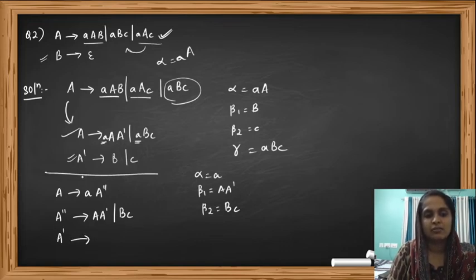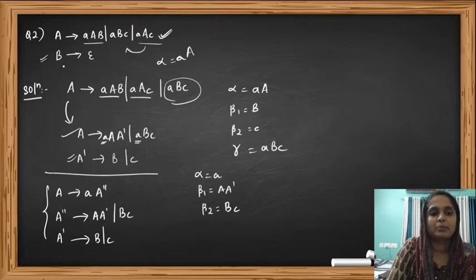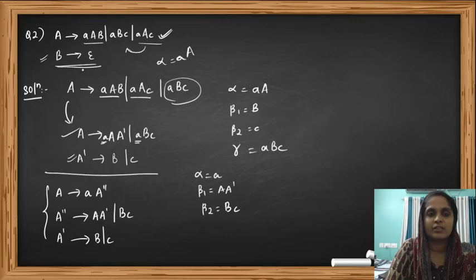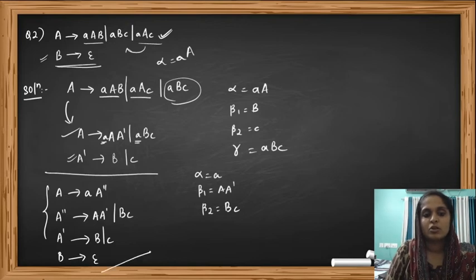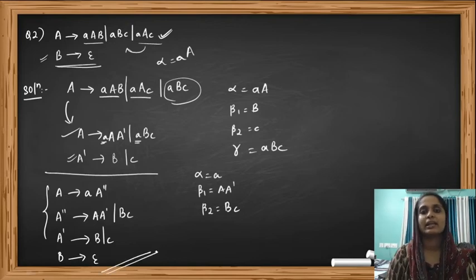A dash means we have already found out what is A dash. A dash means B bar C. So these three productions are free from left factor. But remember, there is one more production in our question, that is B produces epsilon, which is free from left factor, but we have to write that in our final result. B produces epsilon. So these 4 productions are our final answer.